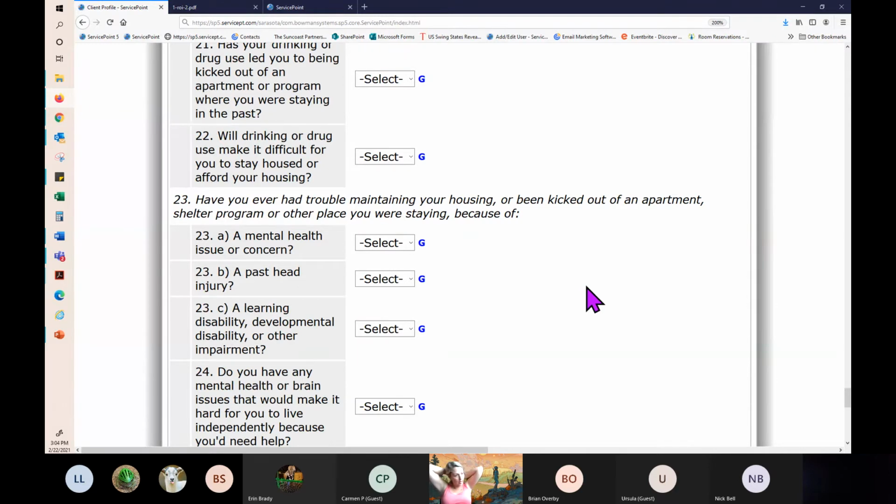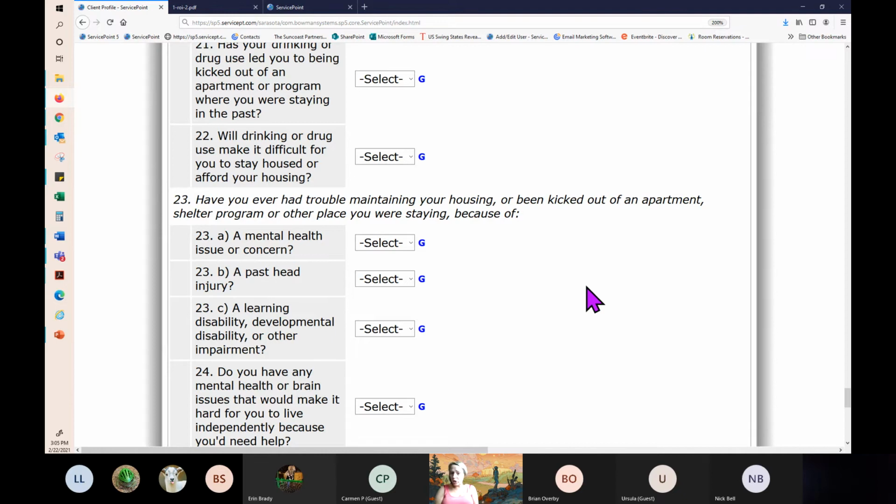I know that this is the same issue. Clients might say no here, but then we have a history of them being asked to leave the shelter because they were bringing alcohol. Having that historical reference, maybe by reviewing client notes in CSIS, or other information in the system.